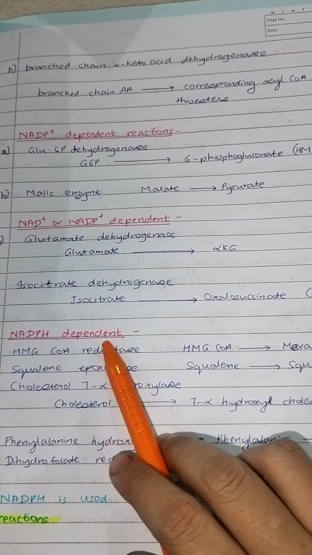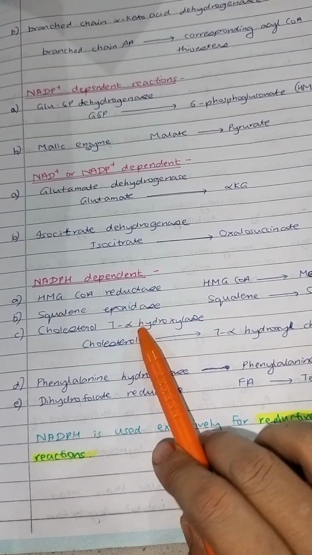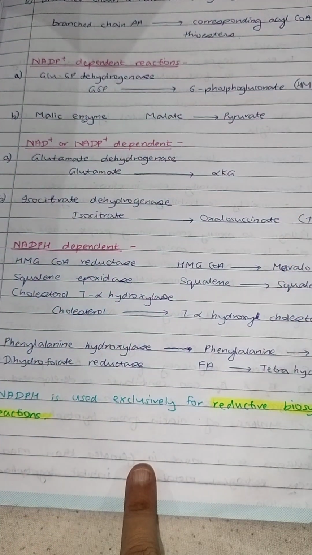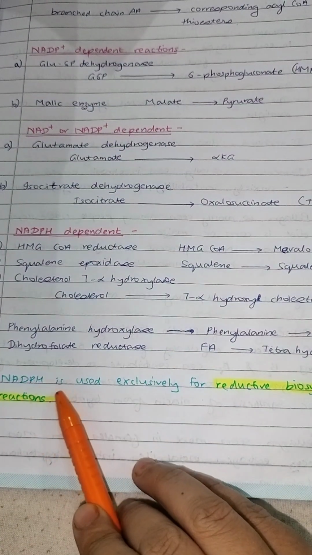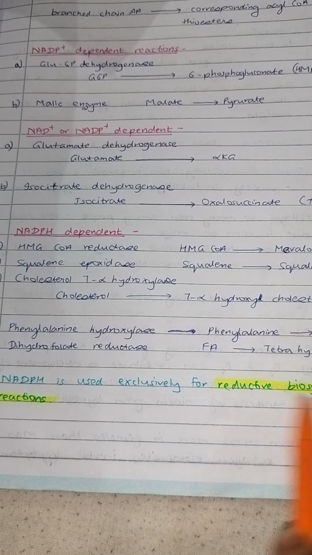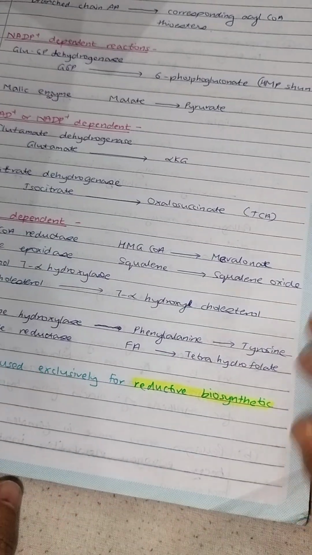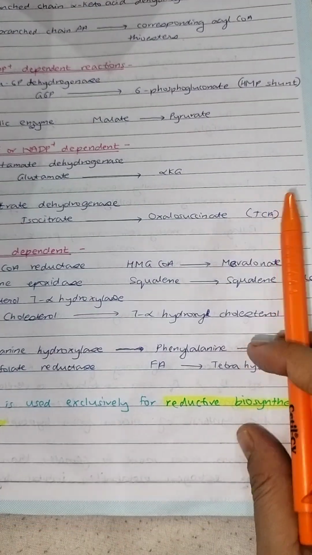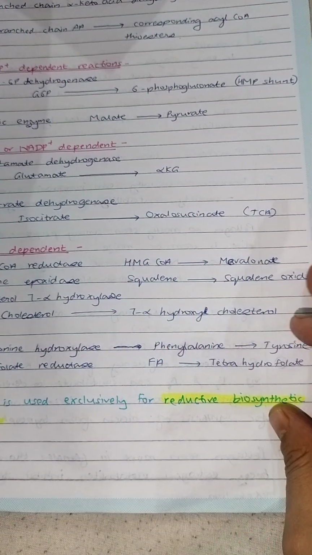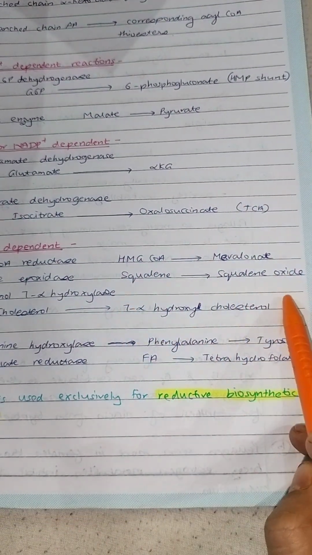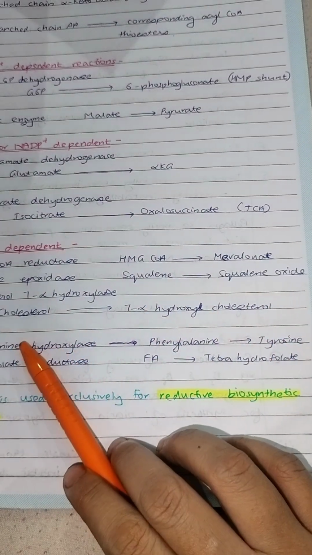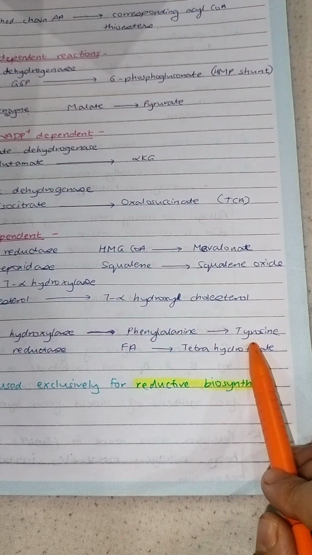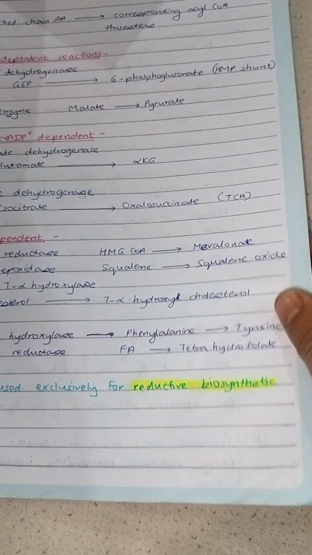Now NADPH dependent reactions. This is important, this is mostly asked in the exam. NADPH is used exclusively for reductive biosynthetic reactions. HMG CoA to mevalonate, squalene to squalene oxide, cholesterol to 7 alpha hydroxycholesterol, phenylalanine to tyrosine, folic acid to tetrahydrofolate.